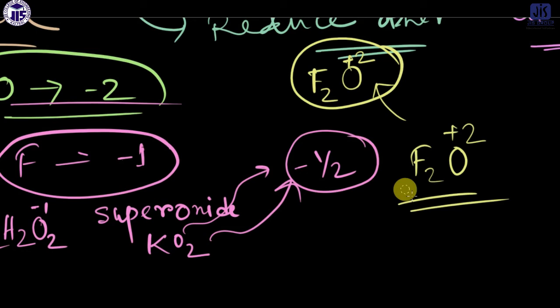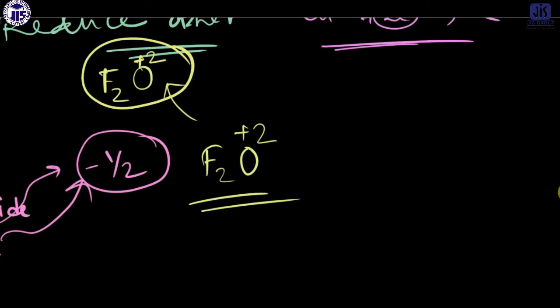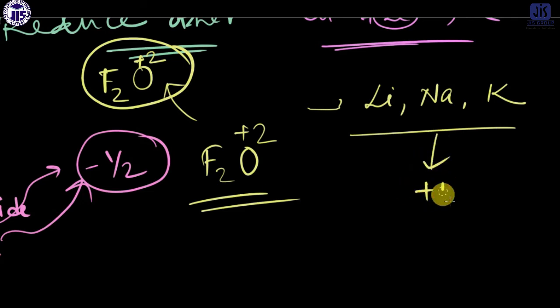Now, there are some elements which always show a fixed oxidation number in compounds, like alkali metals. Alkali metals, like lithium, sodium, potassium, always show the +1 oxidation state. This is constant.